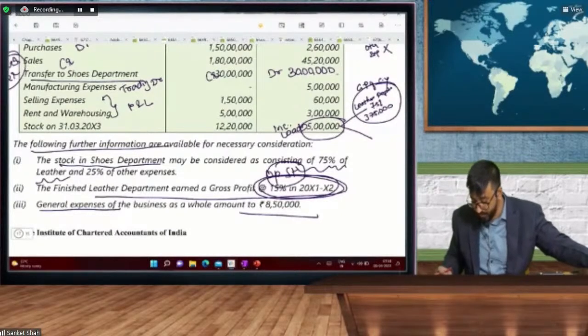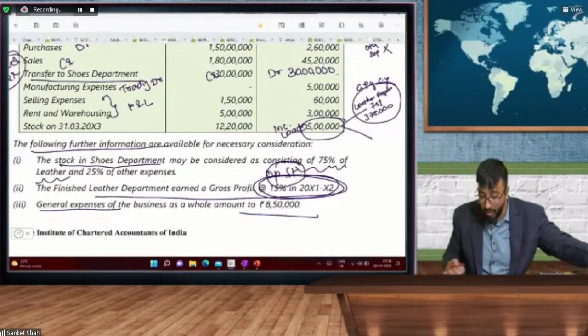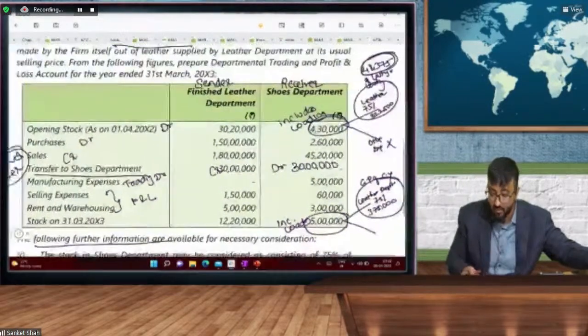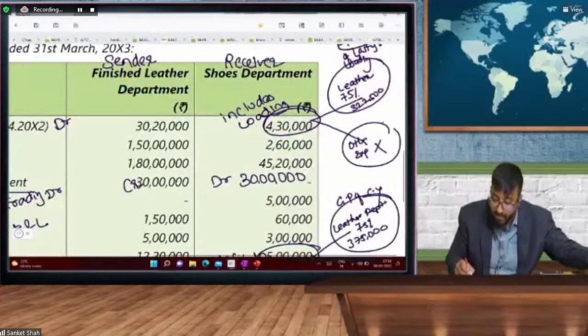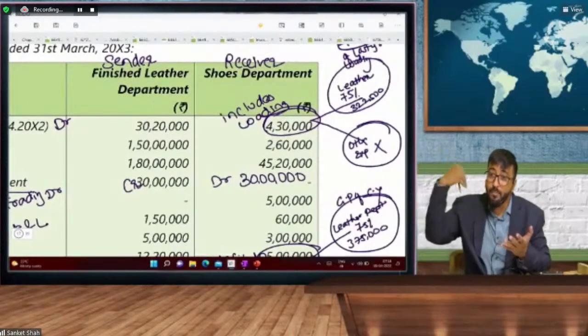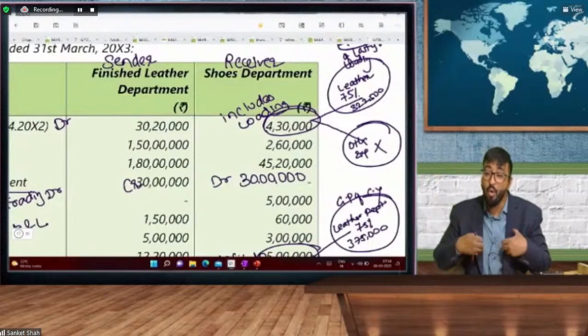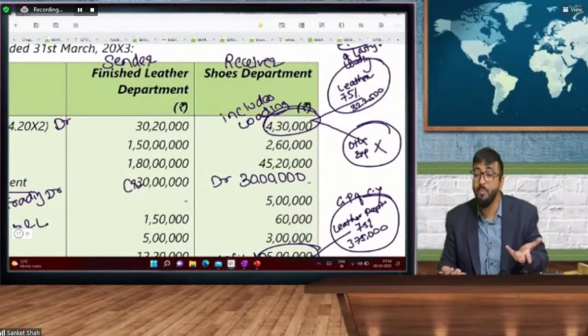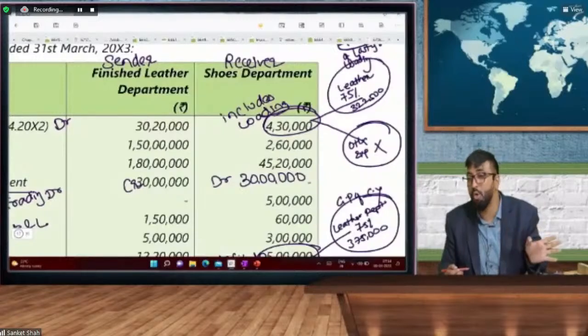Mohammad Tauqeer ji, what about 25%? Beta, this 25% other expenses is the own expenses of the shoes department. It is not received from someone, it is their own expenditure. If it is own expenditure, it does not include any loading.